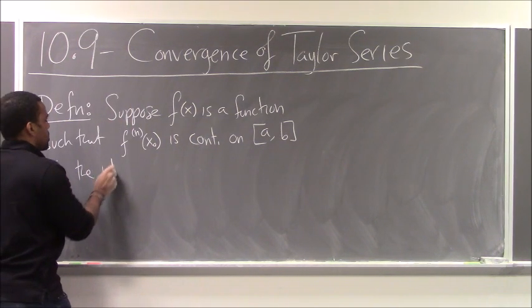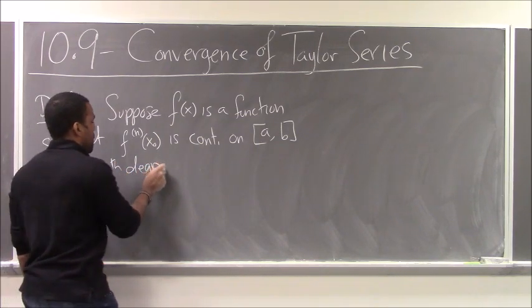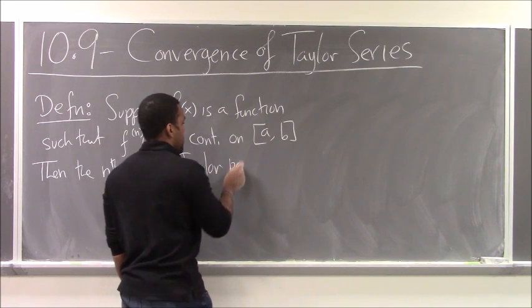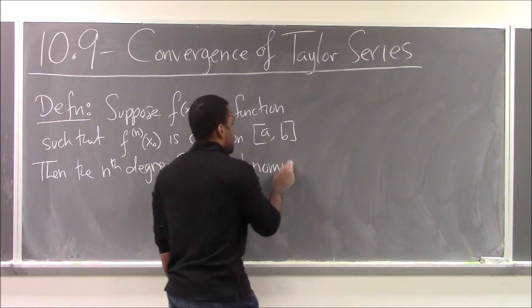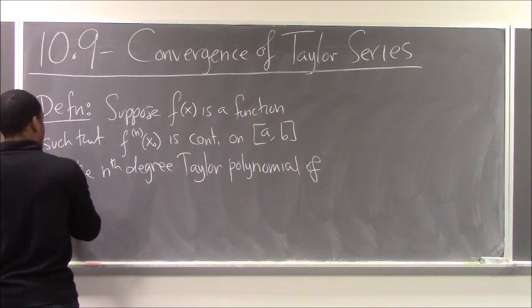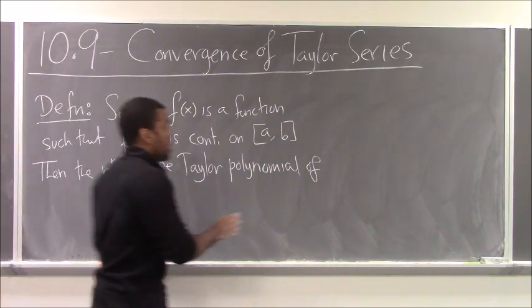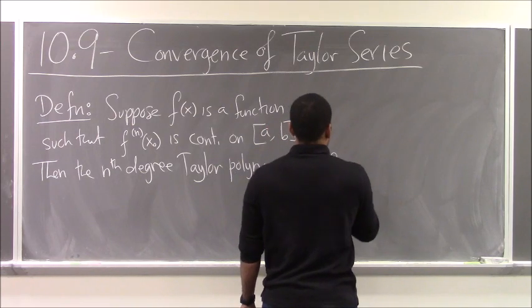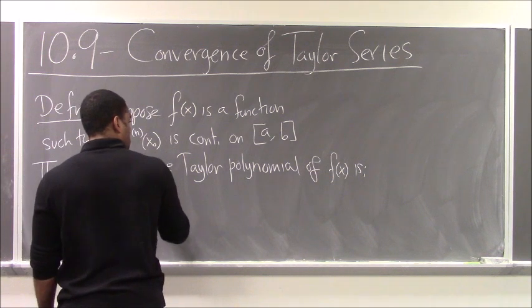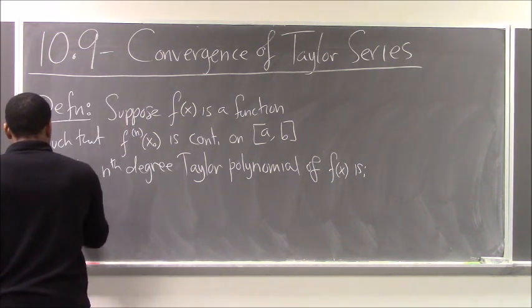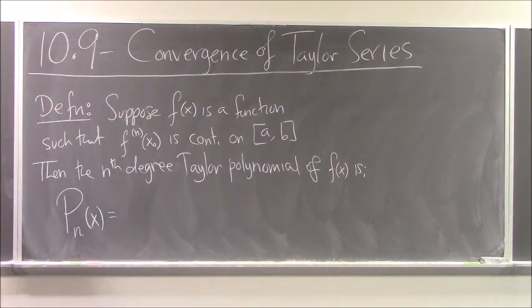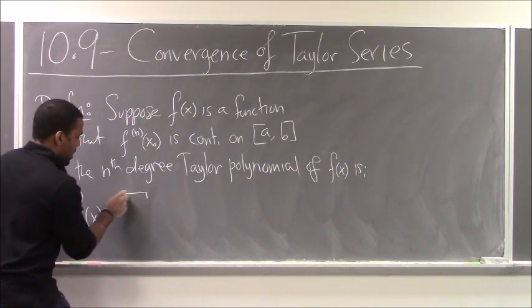then the nth degree Taylor polynomial of f of x is, we usually call this p sub n of x, but it is just going to be a finite series.